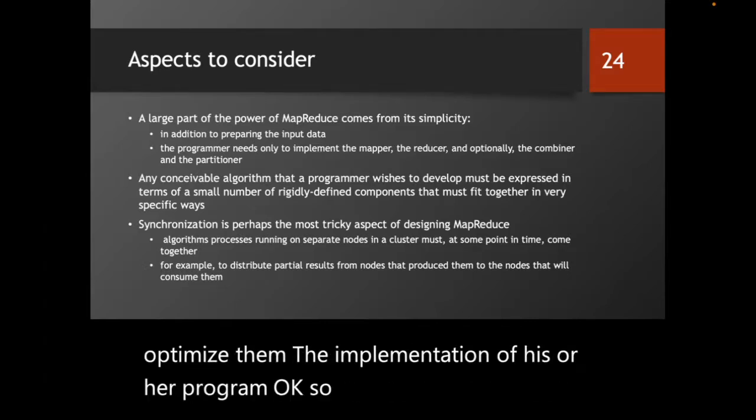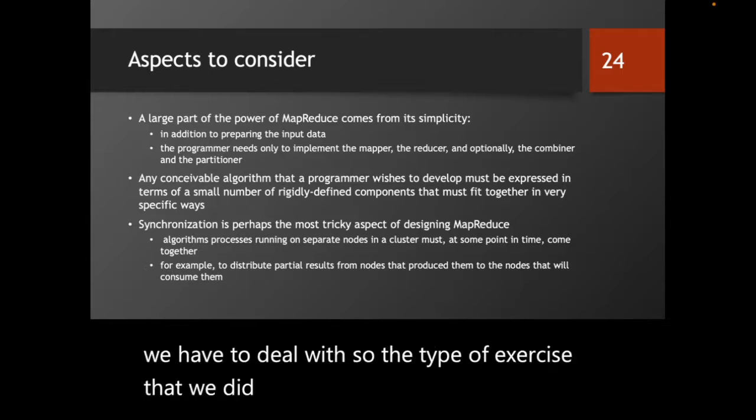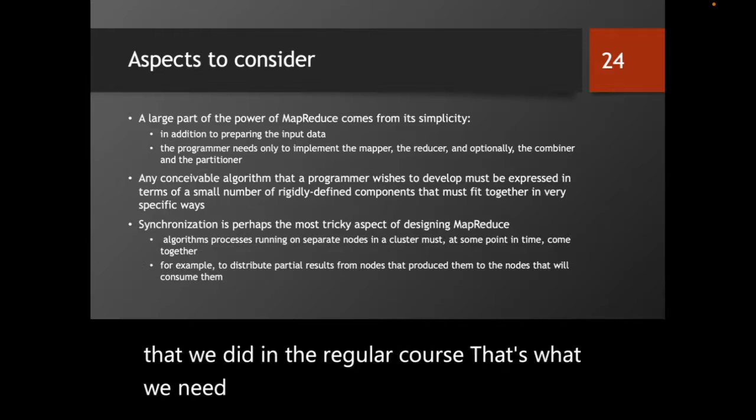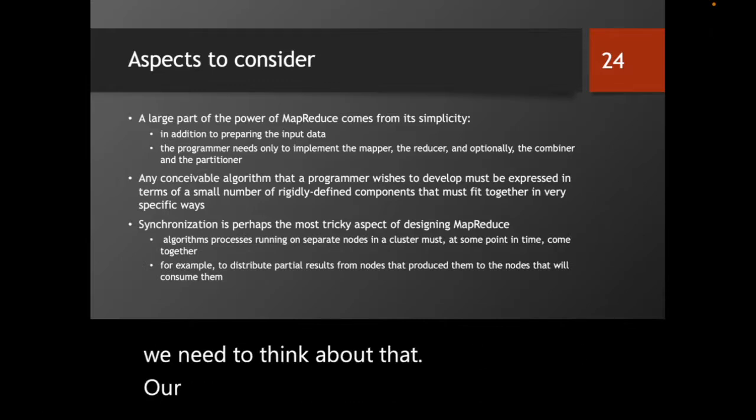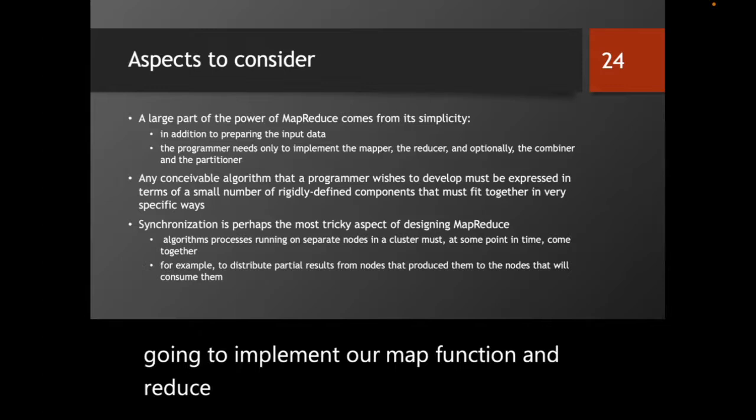So that's the only thing that we have to deal with. The type of exercise that we did in the regular course, that's what we need. We need to think about our data structures, about the way we are going to implement our map function and our reduce function, but nothing else.